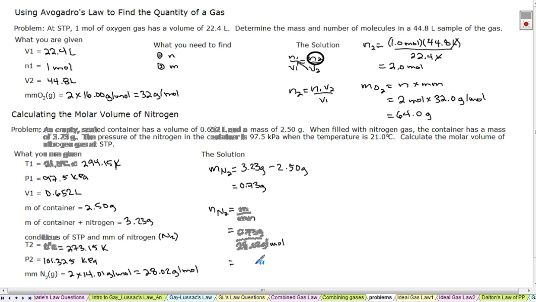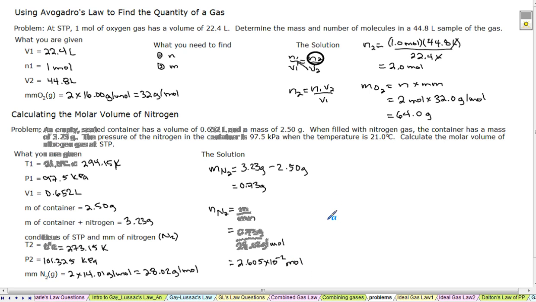And we're going to get 2.605 times 10 to the minus 2 moles.